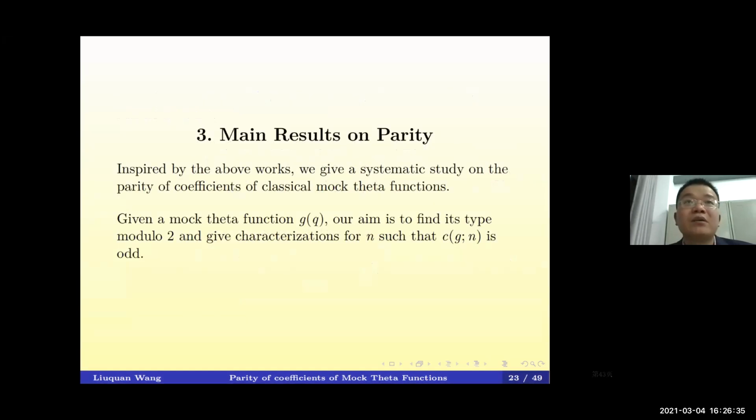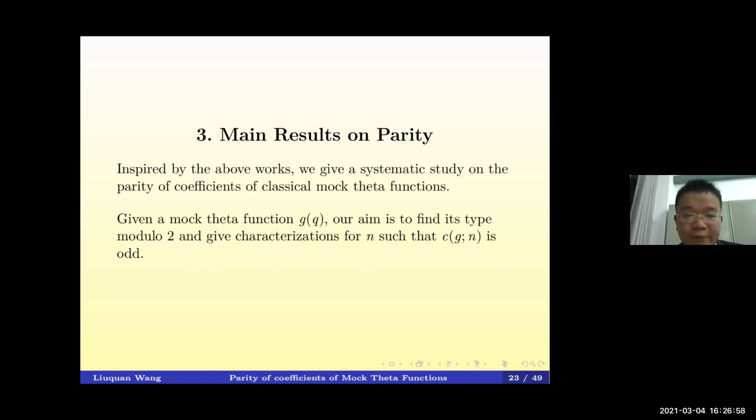Based on the previous works, this talk will mainly discuss the parity of coefficients of mock theta functions. Because there are so many mock theta functions, I think it is better to study them at the same time, because the methods are similar.